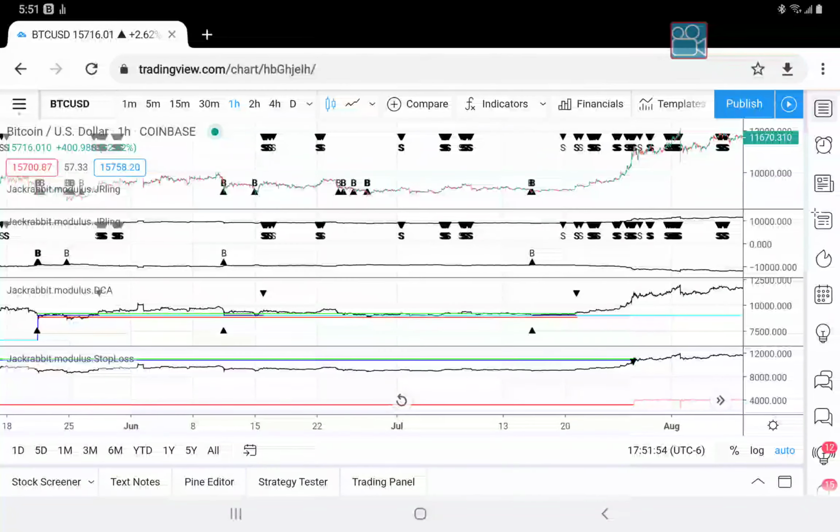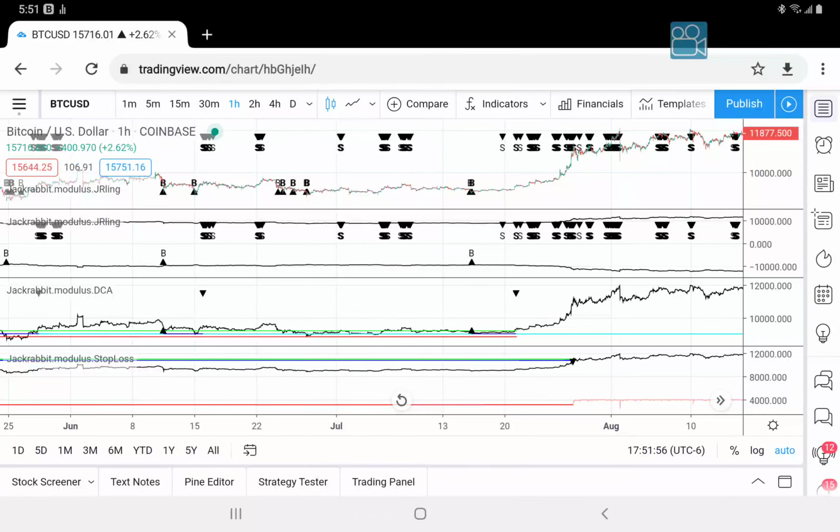Now, I don't know that I personally would have held on to this long for a 2%, because it literally took a year for this one position. But still, if you have the market for it, that might not have been a bad trade.